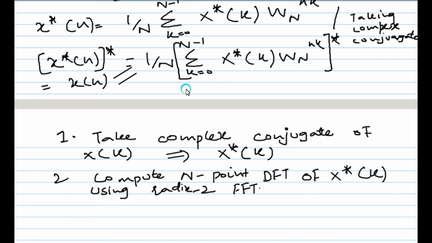In the second step, I have obtained summation k running from 0 to n minus 1 x conjugate k Wn nk, and I am using the FFT algorithm. So the next step is to find the conjugate of this term.